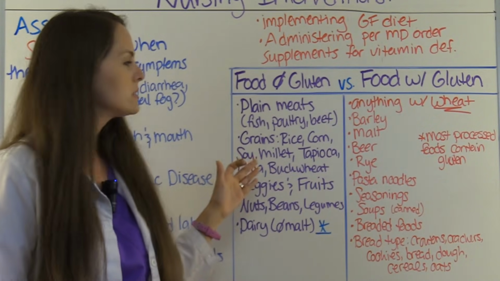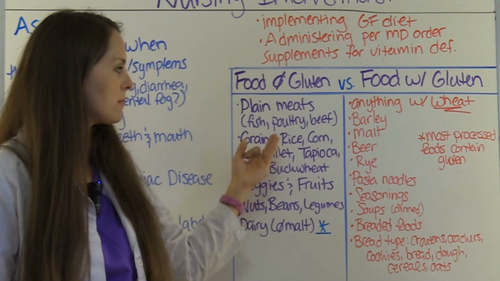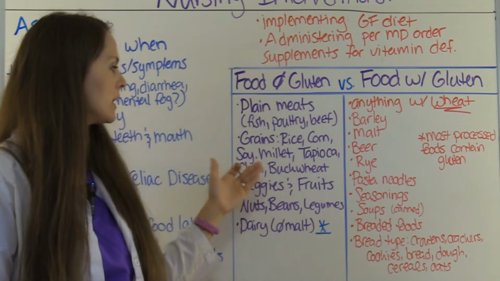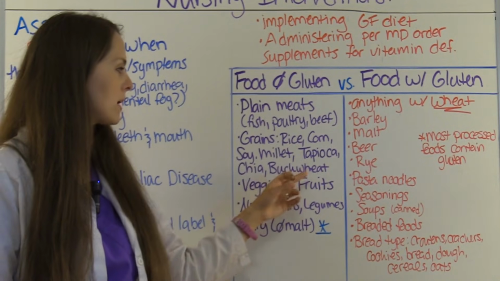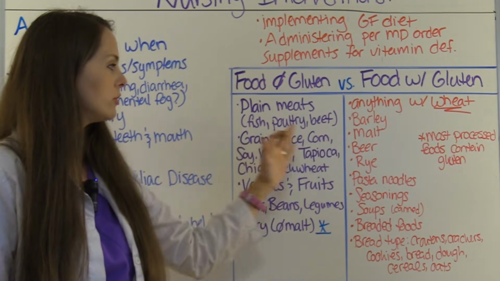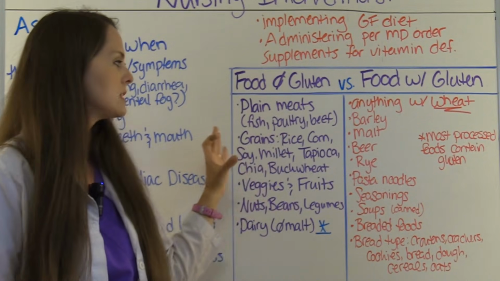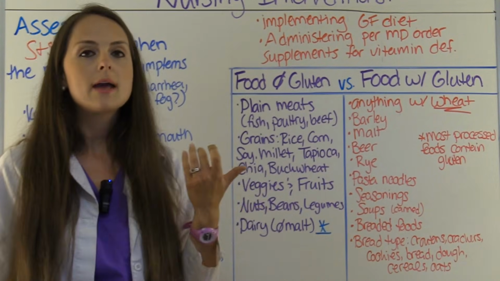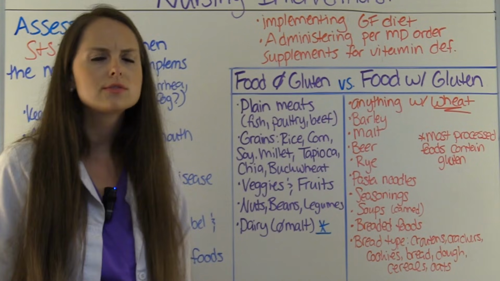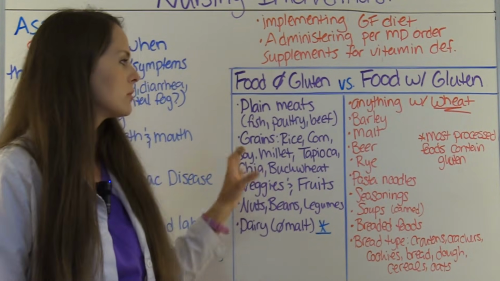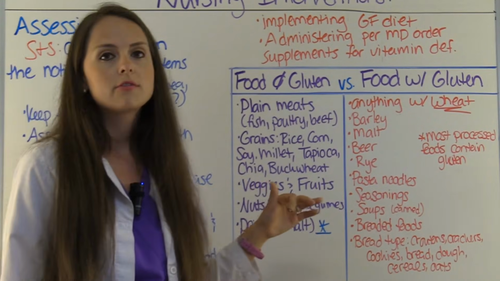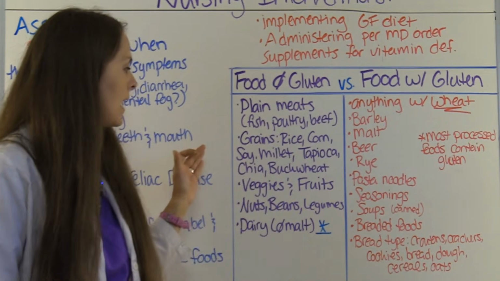Grains that are safe for a patient to have are rice, which they can make into rice flour, corn, soy, millet, tapioca, chia, buckwheat. And really in the gluten-free diet nowadays, they're taking these grains and able to produce pasta noodles, breads, things like that, cookies. So it can really expand the diet for the celiac.